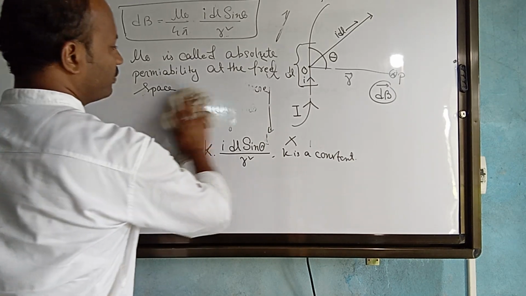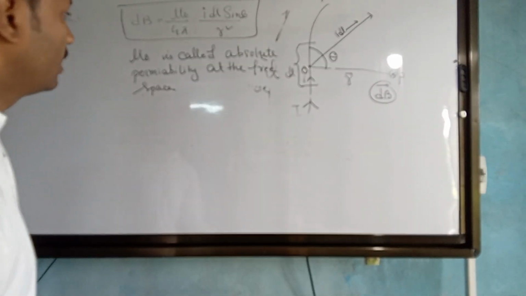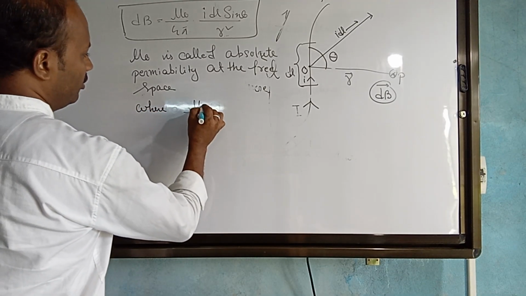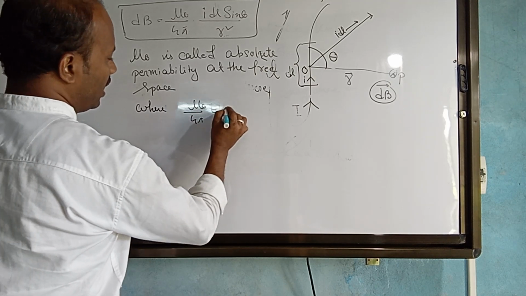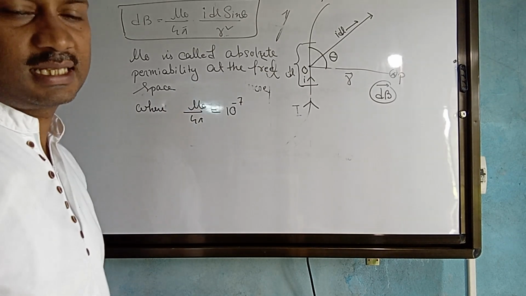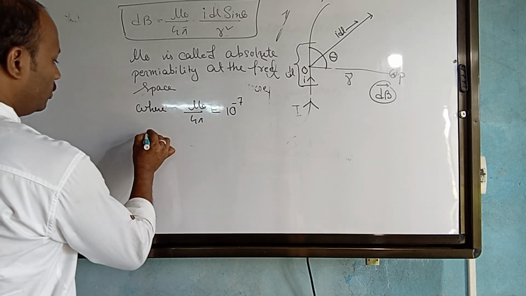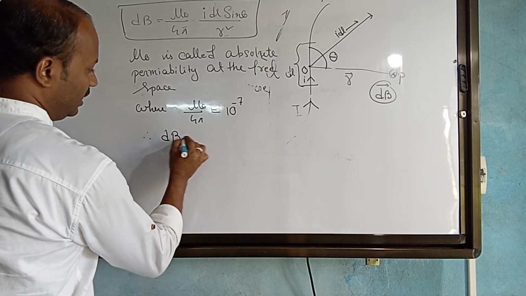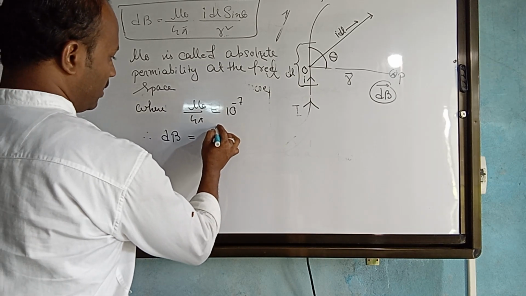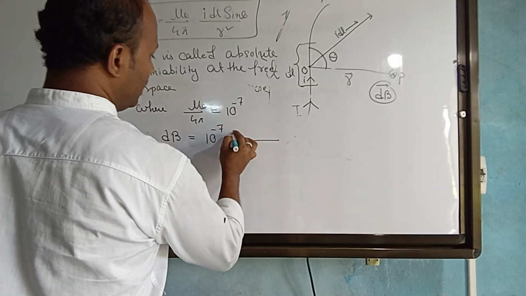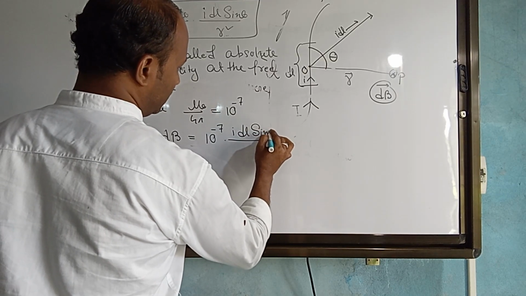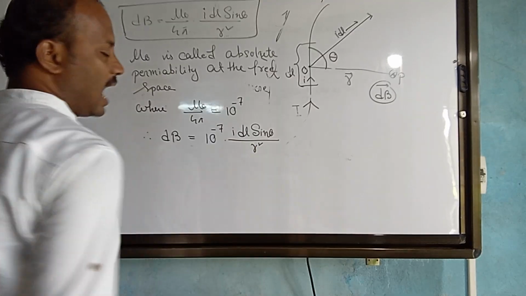Now look at this. Mu naught by 4 pi is 10 to the power minus 7. So we can write dB as 10 to the power minus 7 I dl sin theta divided by r square.